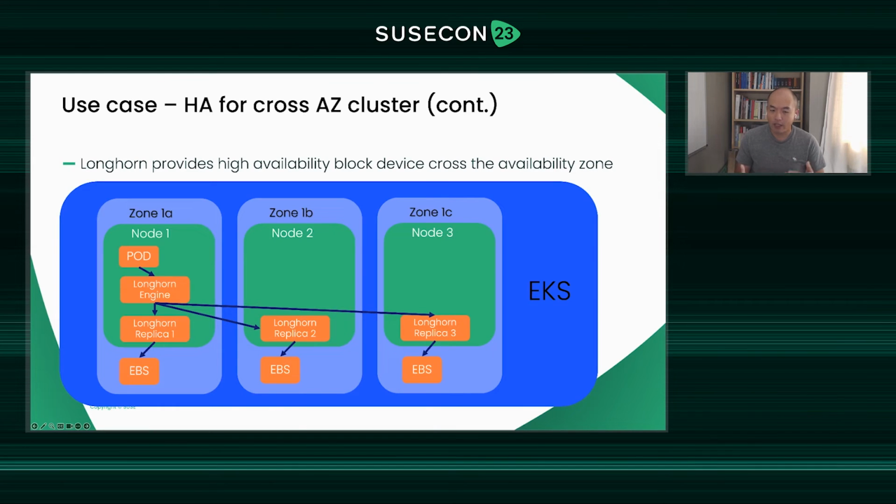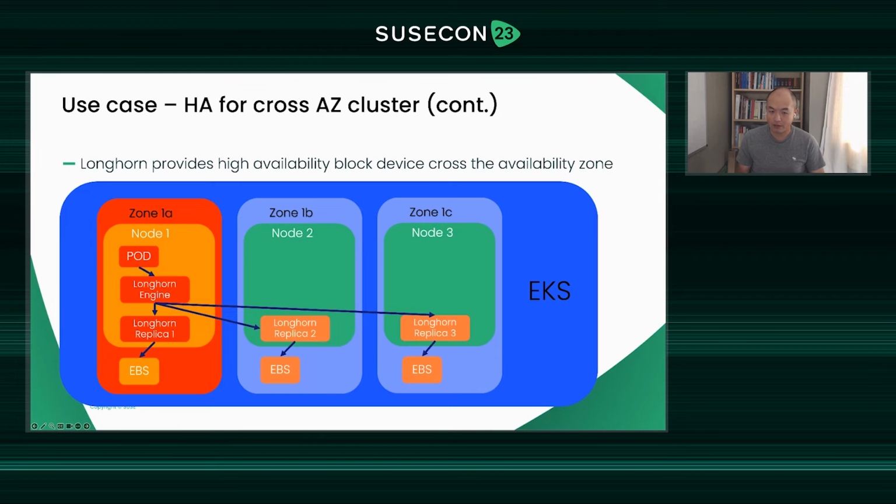But if you have Longhorn in the picture, in the same scenario, of course, this is going to add to the cost, which means your EBS volumes will need more space in each zone, and there's computing and network cost associated with that. But in exchange, you have a more highly available, more robust system in place. So in this scenario, the pod on node 1 is talking to the Longhorn engine, which talks to the Longhorn replicas spread across the whole region, in zones 1A, 1B, and 1C.